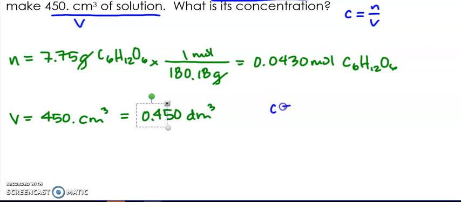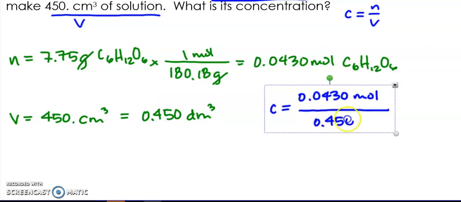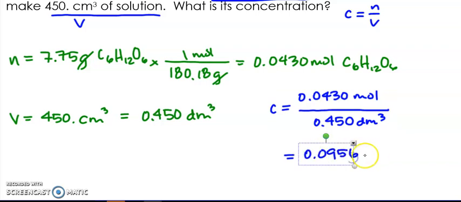So concentration would equal moles, 0.0430 moles over the volume of my whole thing, 0.450 decimeters cubed. And when I type this in my calculator, I get, with 3 sig digs, 0.0956 moles per decimeter cubed. So your units, right? Nothing cancels. So you can write it this way, or you can write it side by side with decimeters to the negative third.